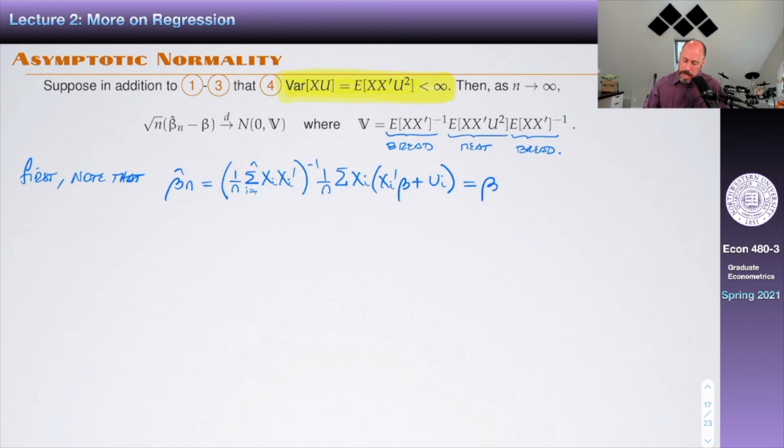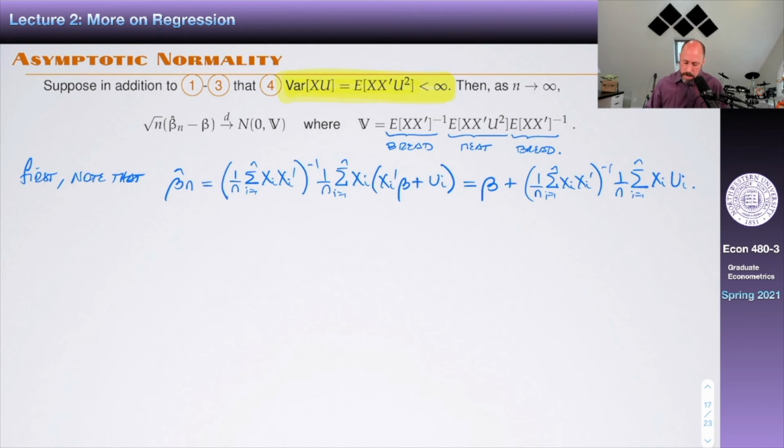This is going to be beta plus (1 over n sum of xi xi prime) inverse times (1 over n sum from 1 to n of xi ui).